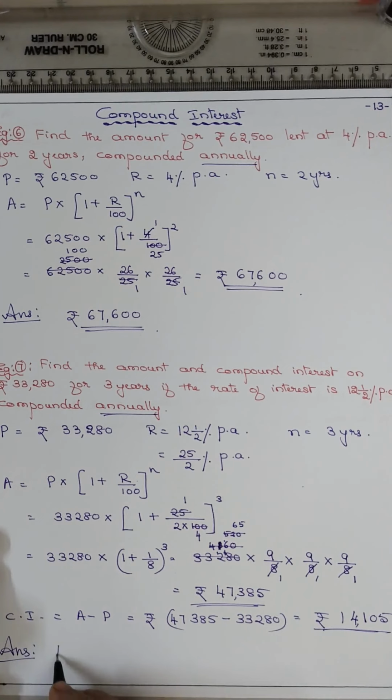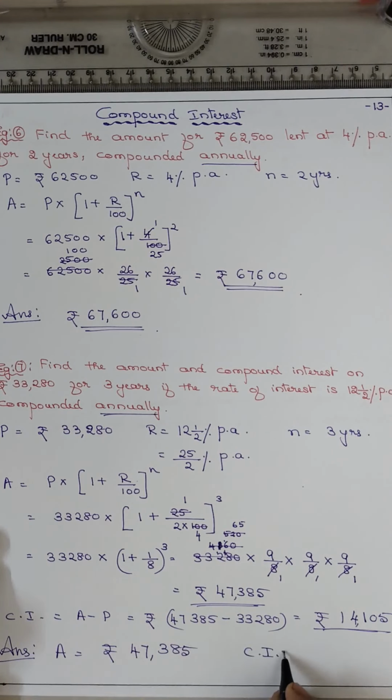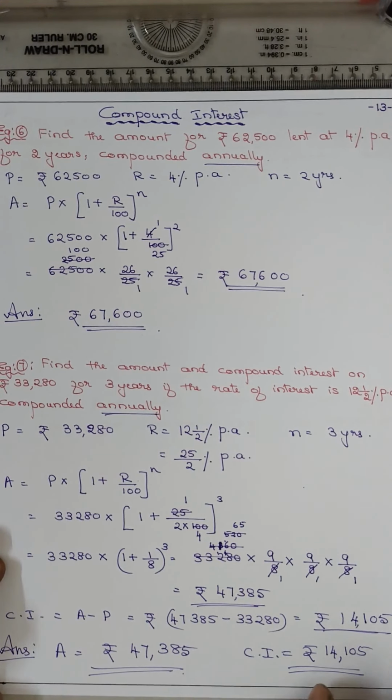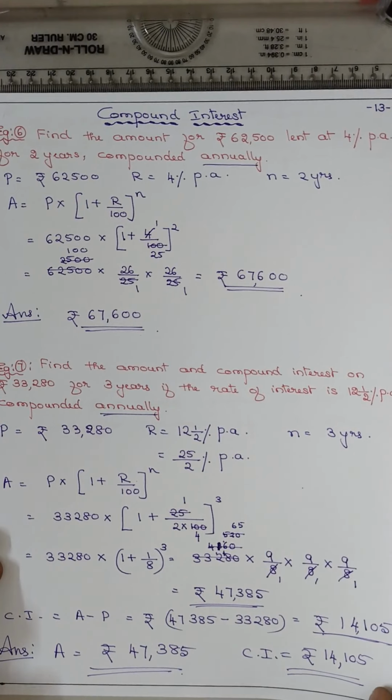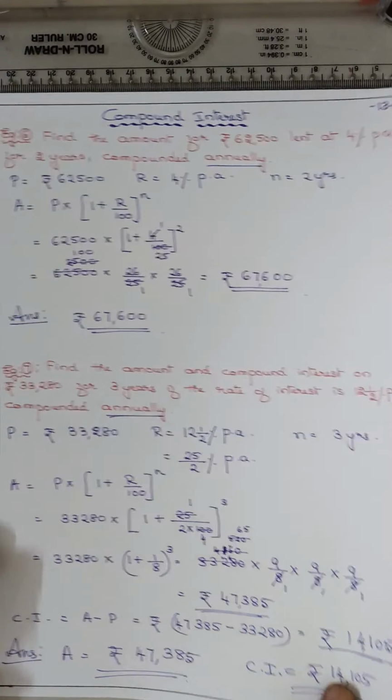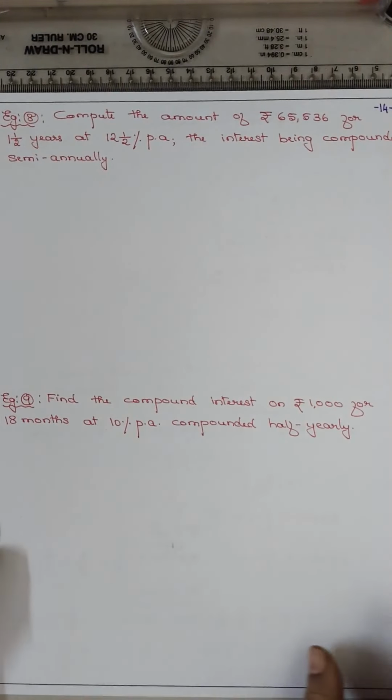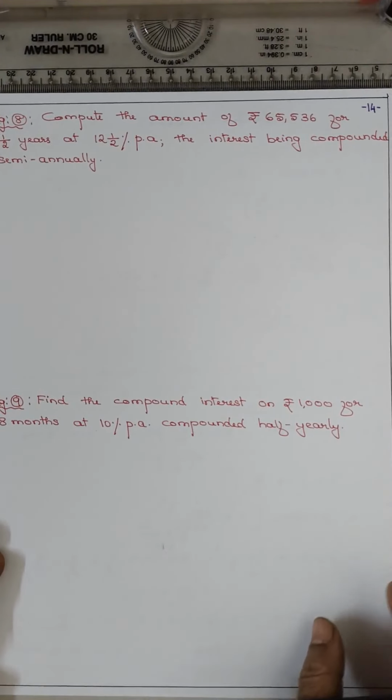Answer: amount is equal to 47,385. CI is equal to 14,105. Clear? It was example 6 and 7. Now coming to example 8.